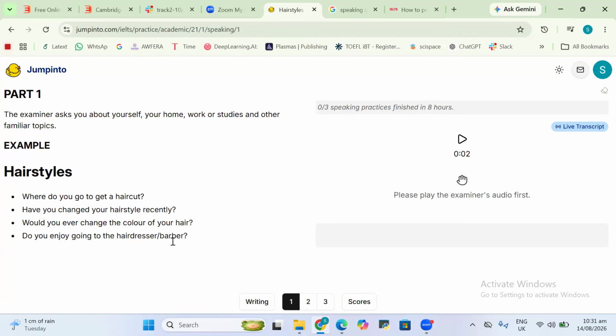Okay. The next question is, would you ever change the color of your hair? Who would like to answer this question?